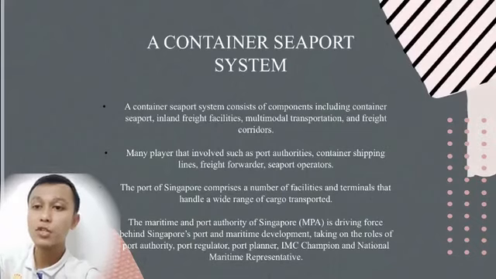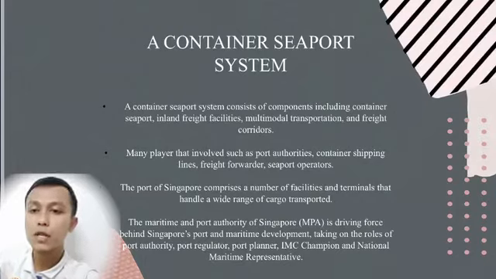The function of container seaport as intermodal hubs enables containers to be shipped long distance across the continents to fulfill market demands. The components and players are the key determinants for seaport regionalization, which emphasizes the integration of seaport and their hinterland.